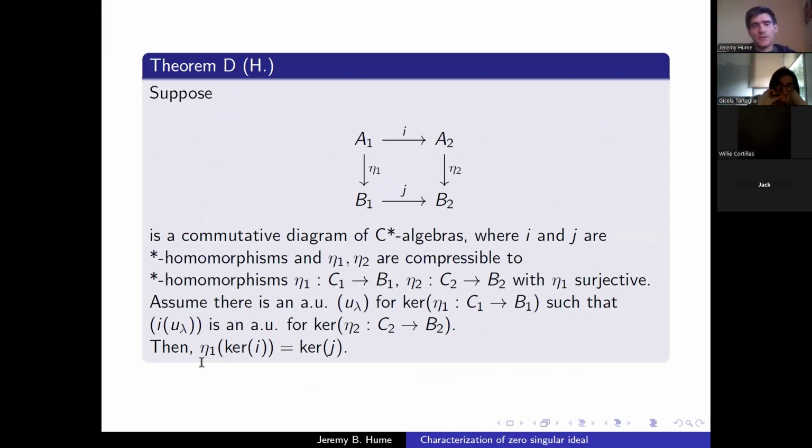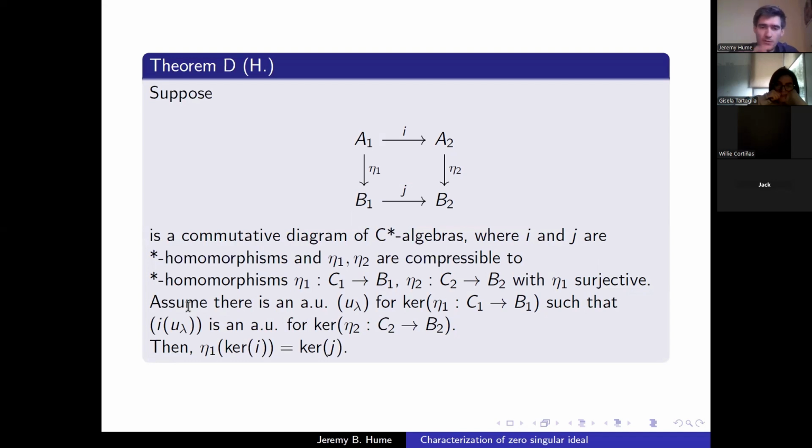Suppose you have a commutative diagram of C-star algebras where I and J are star homomorphisms, the horizontal maps, and eta 1, eta 2 are compressible to star homomorphisms from C1 and similarly from C2, with eta 1 surjective.